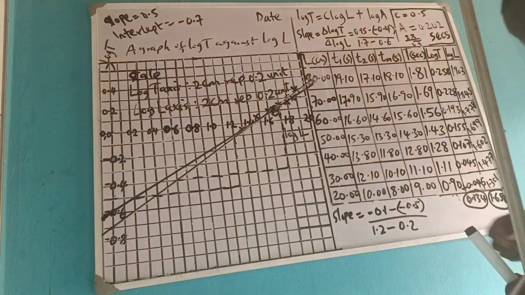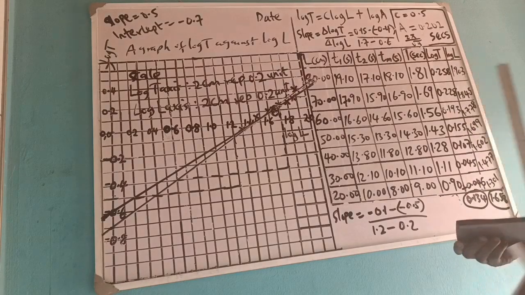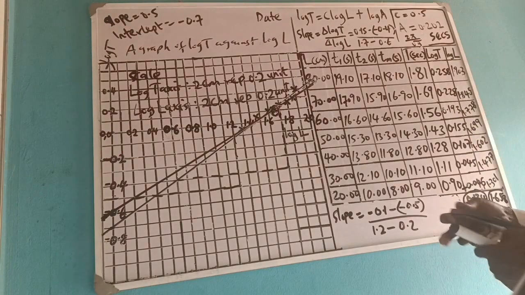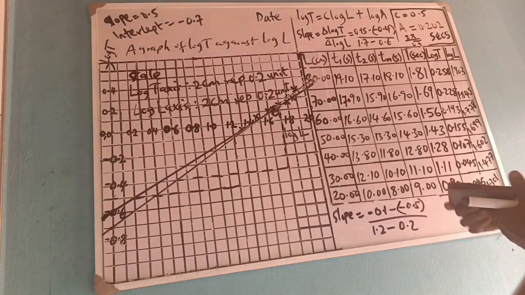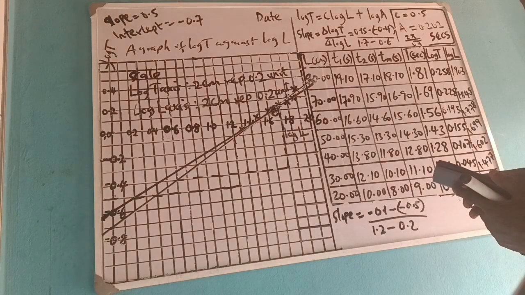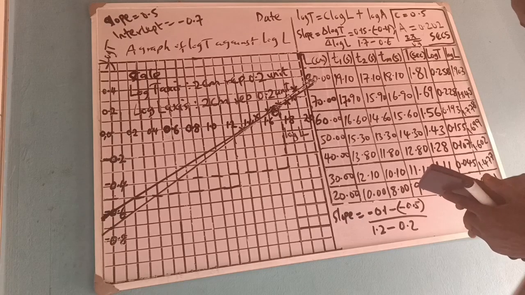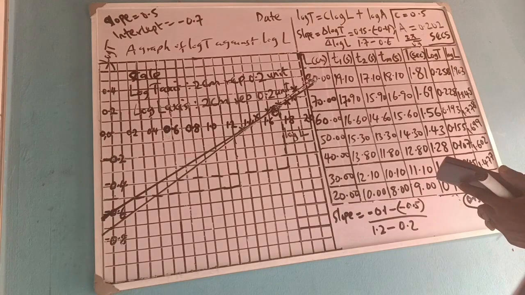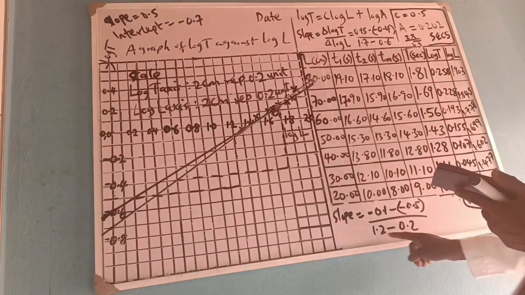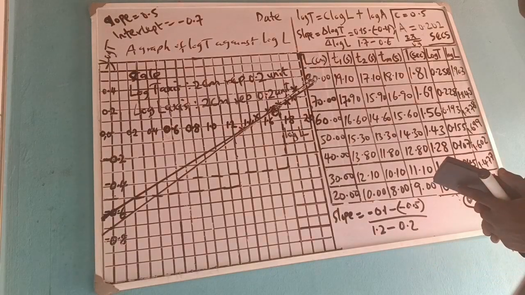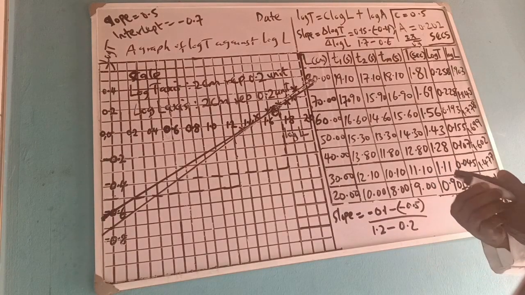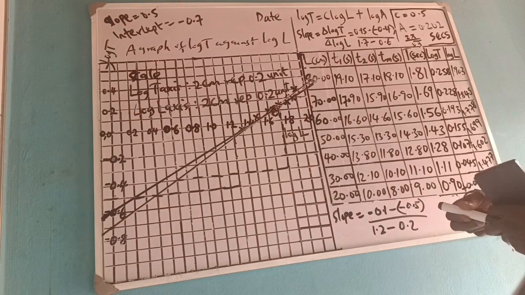So we also bring our calculator to compute that. You will have minus minus is plus 0.5, minus 0.1, divided by 1.2 minus 0.2, which is 1.0 divided by 1, and that will give you 0.4.